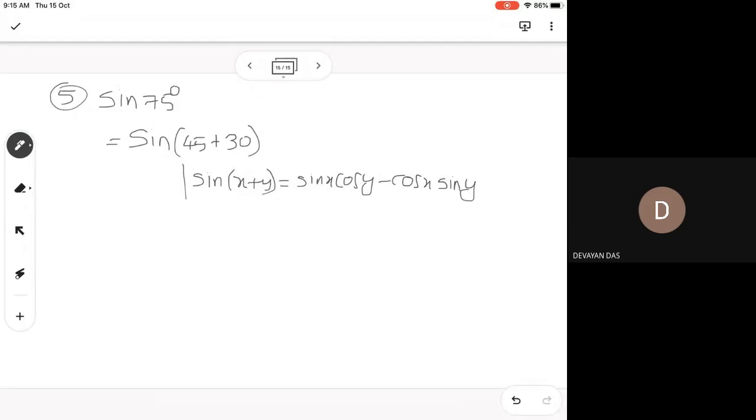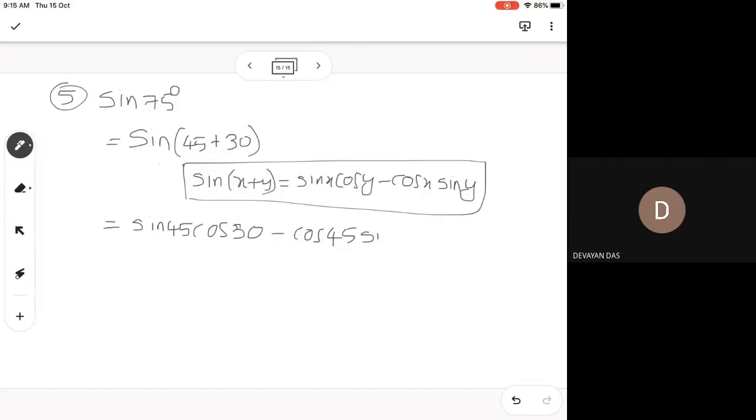If you expand based on that, sin 45 degrees cos 30 degrees plus cos 45 degrees sin 30 degrees. Now what you will get: sin 45 degrees value is 1 by root 2, cos 30 degrees value is root 3 by 2, cos 45 degrees value is 1 by root 2, and sin 30 degrees value is 1 by 2. You should write degrees here.